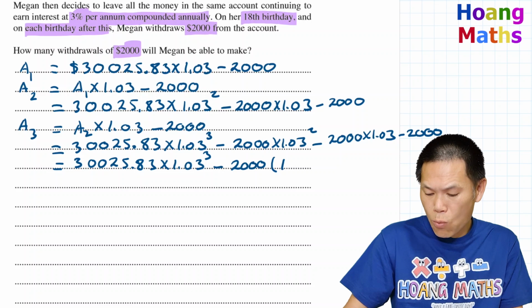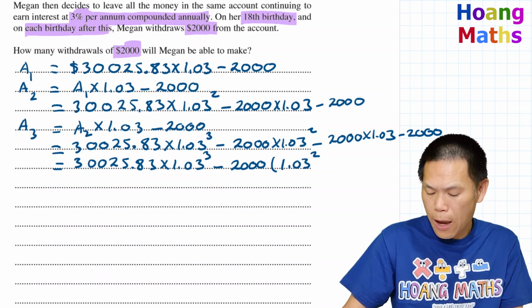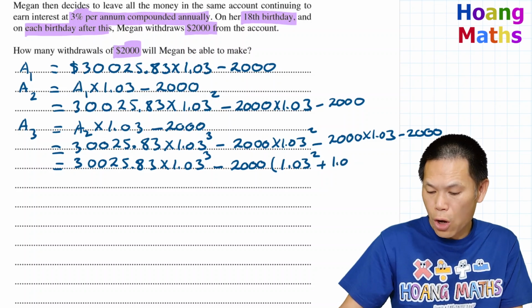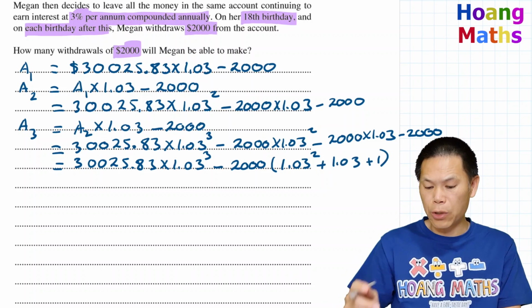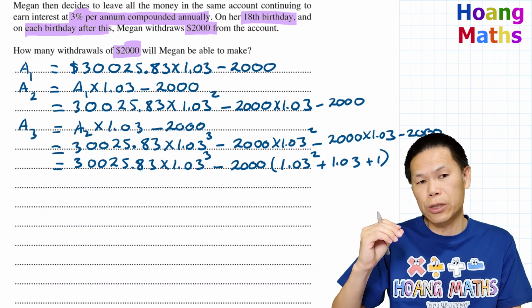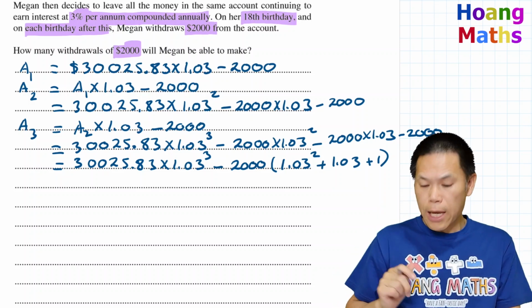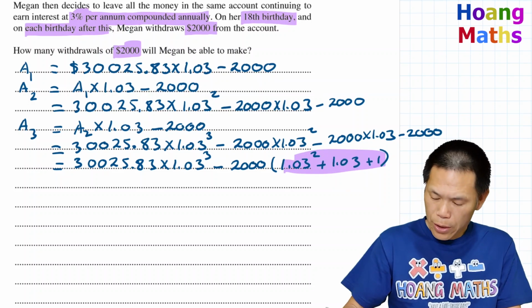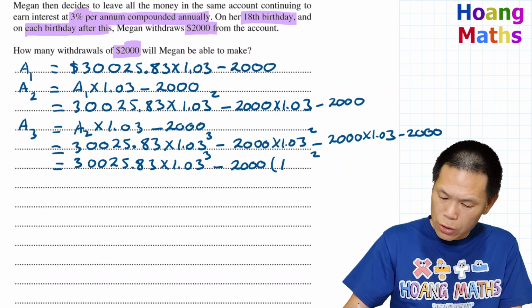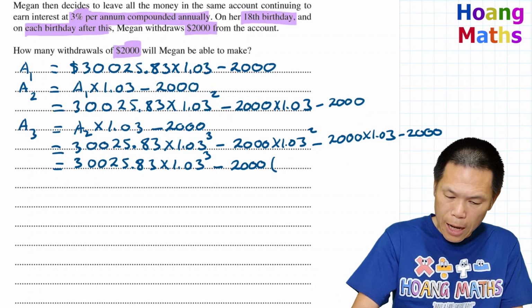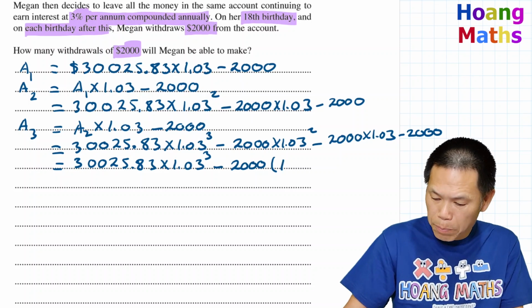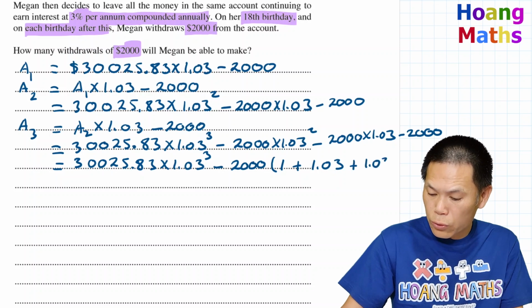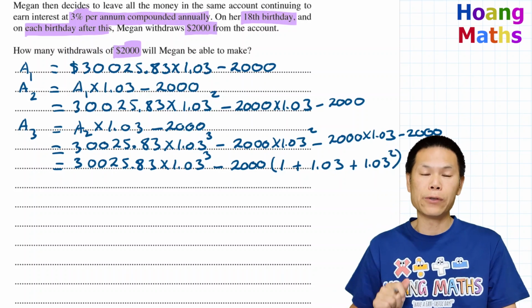And that leaves me 1.03 squared plus 1.03, and we plus 1 because we divide by negative 2,000 since we take negative 2,000 out. And let me just rewrite this series in increasing order. So that becomes like this: 1 plus 1.03 plus 1.03 squared. Okay, so you can see the series easier.